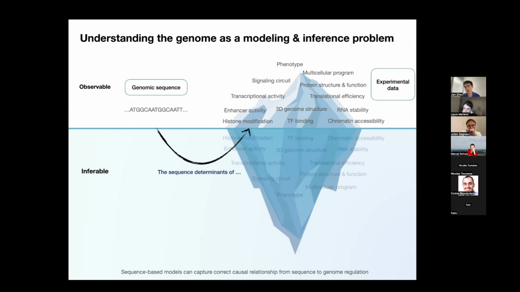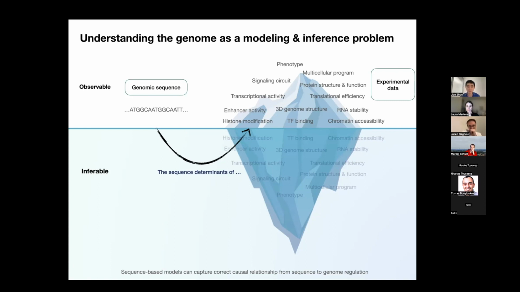But sequence, most of the time, is upstream of those downstream regulatory elements. So it has an advantage in capturing causal relationships, so we can use sequence models to predict the effects of sequence perturbations and their expected consequences. And that's also often verified by experiment. So that makes sequence models a very powerful approach for decoding genome-based regulation, right?